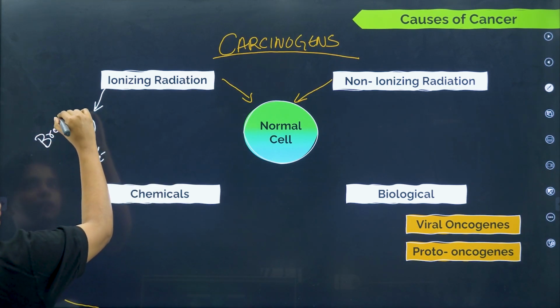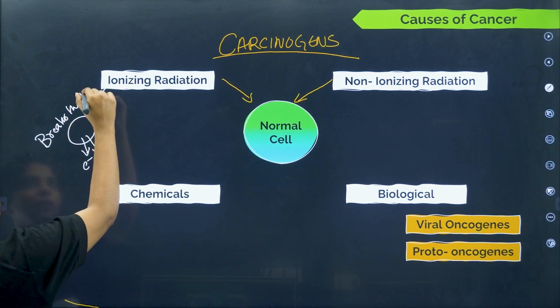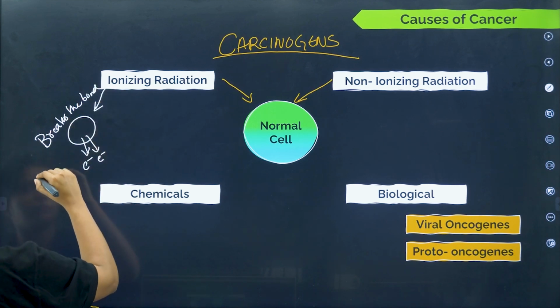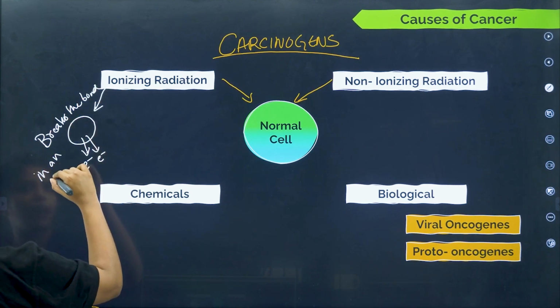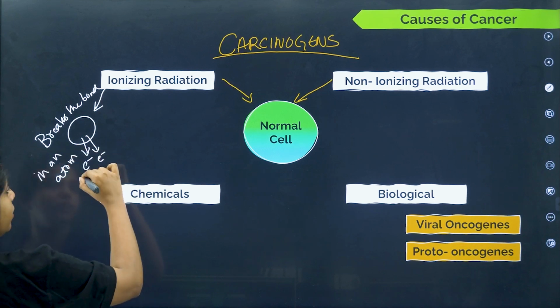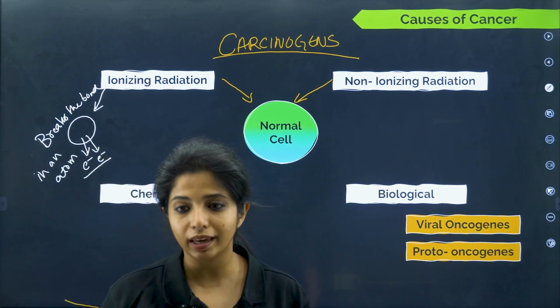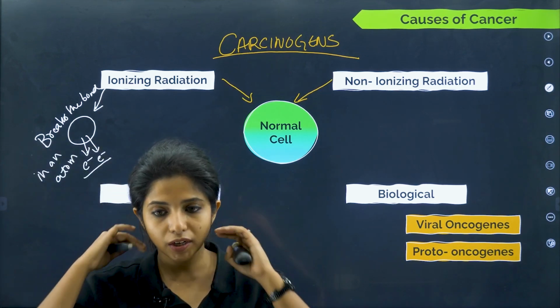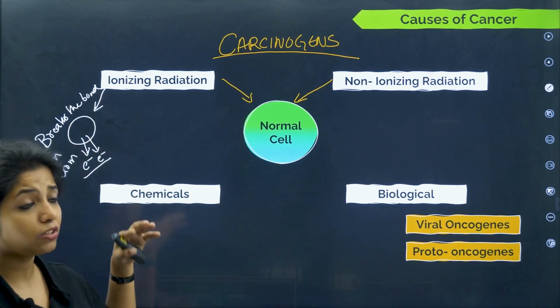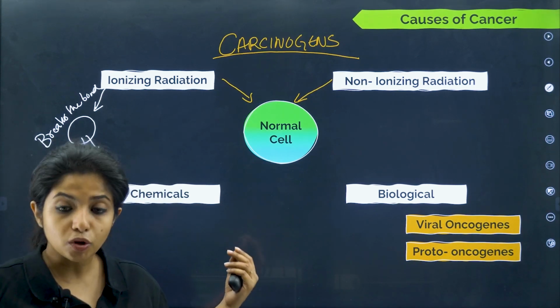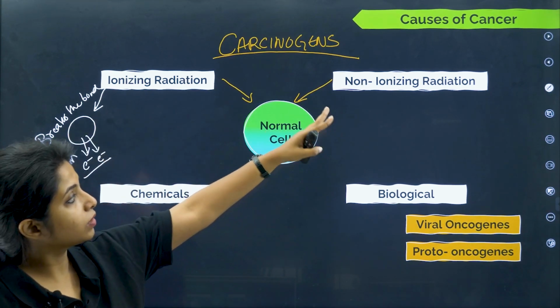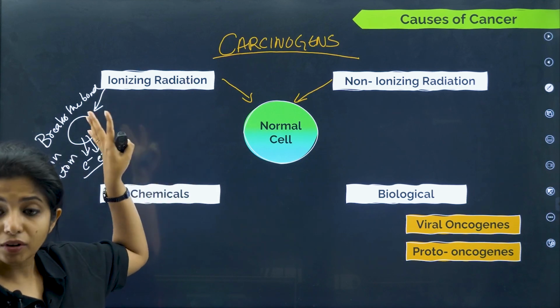I am writing like that. Breaks the bond in an atom and releases the electrons and everything. In this way, obviously our cells are going to get weak, and these free electrons can go and react around things. That is also a problem. So these are about ionizing radiation.